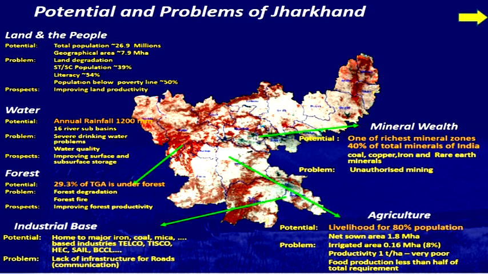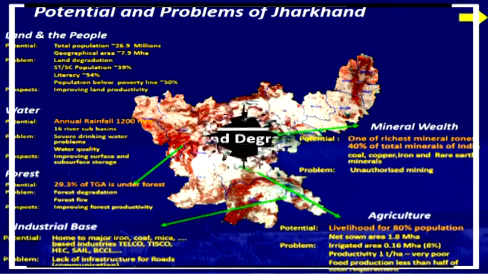Water is quite plentiful, natural resources very good, mineral resources very good, and also agriculture, but here the cropping intensity is quite low in this particular area, and yields are also quite low. That means there is a good opportunity for the government to invest in developmental programs, especially natural resource management and conservation like IWMP or NREGA.